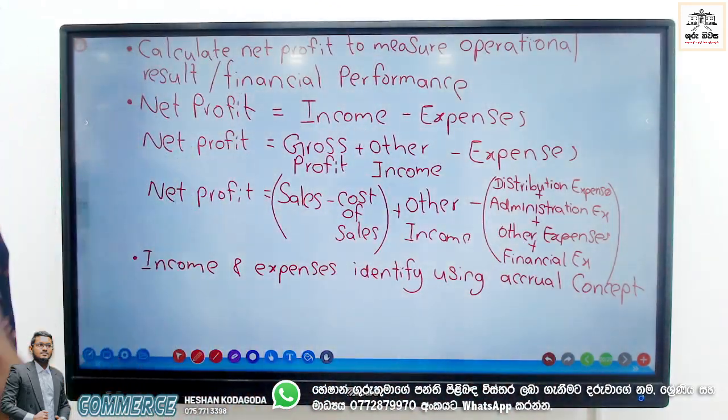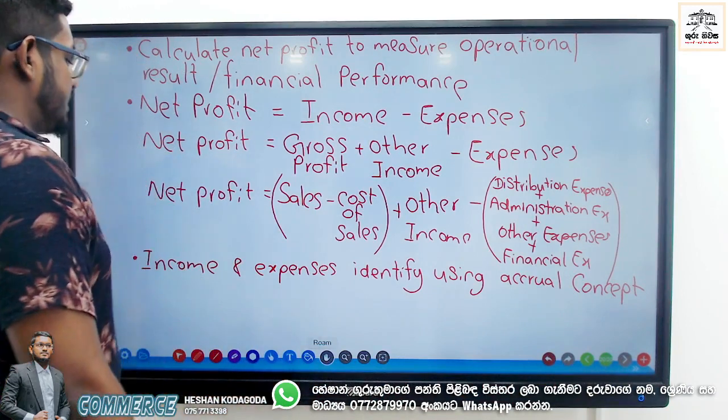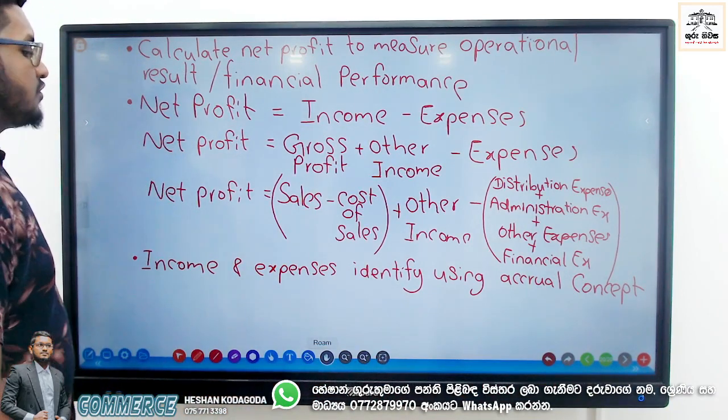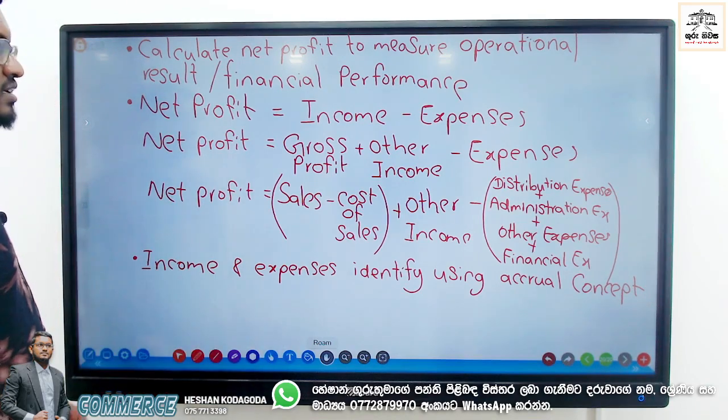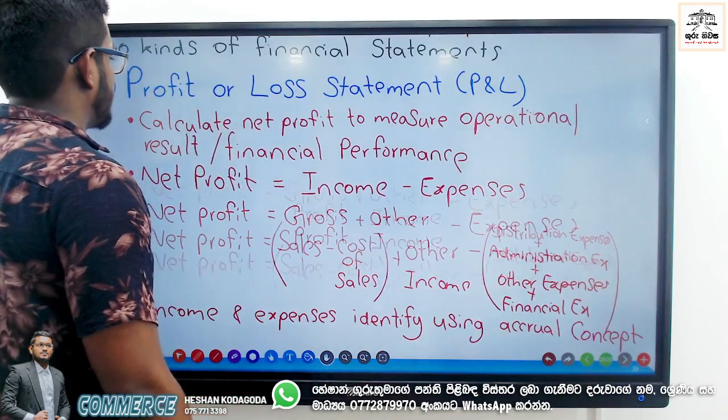So still you can't understand if you are not with adequate knowledge in grade 11 4th and 5th lesson. I'll explain it later, so you just re-understand accrual concept, right?